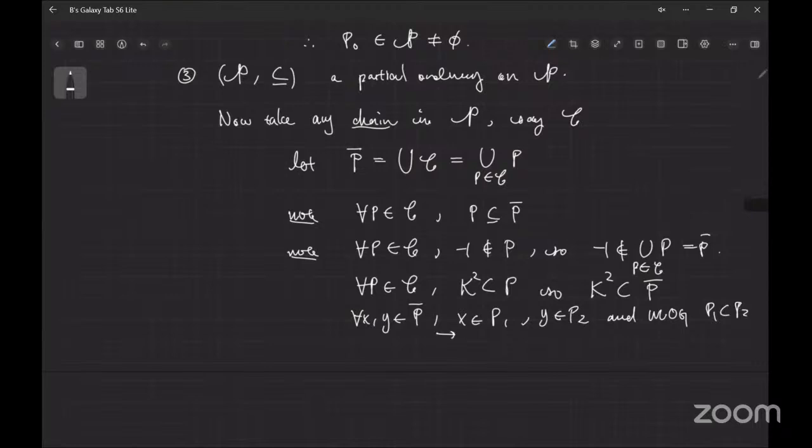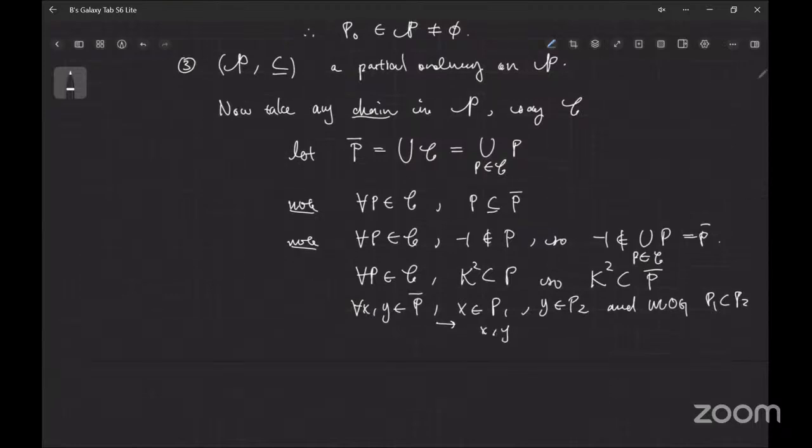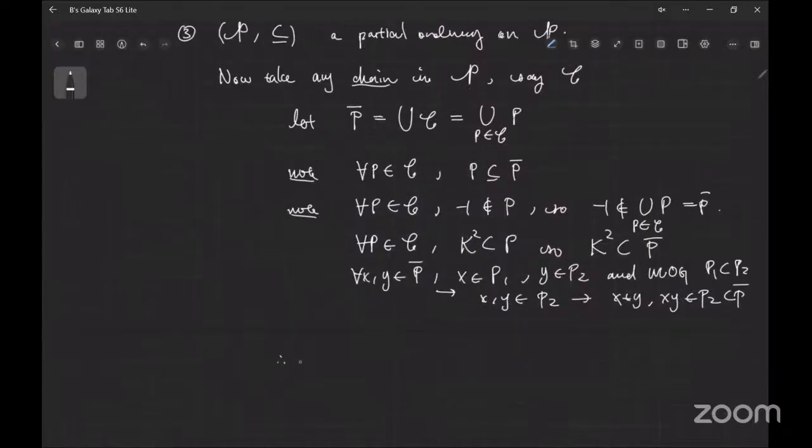Therefore, X and Y are both in P2, hence X plus Y and X times Y are both in P2 because P2 satisfies closure, which of course is in P bar. The conclusion is that P bar is part of our collection.